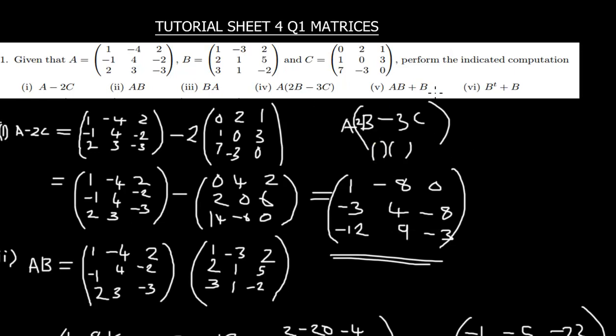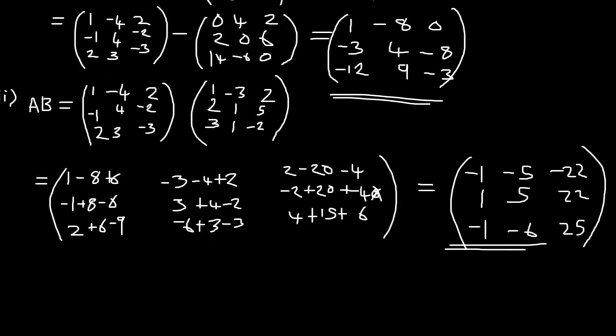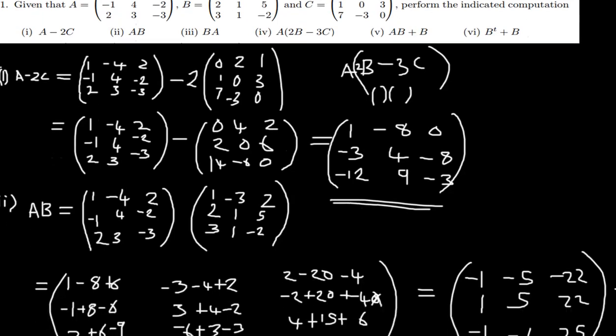Then we move on to AB plus B. So AB plus B, let me just do this. AB plus B. So AB, what we found as our AB is this. So our AB, so let me denote it with, this is question what? Question 5.